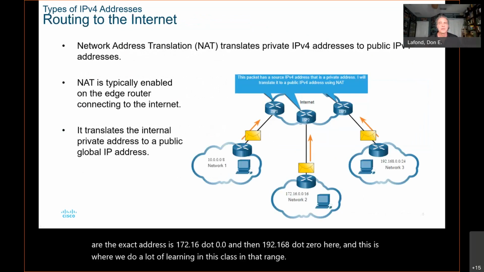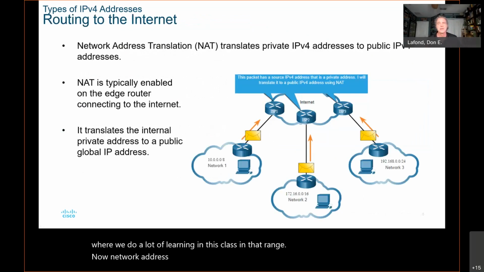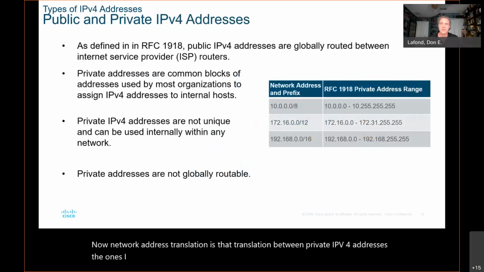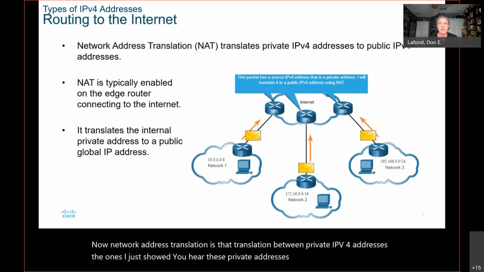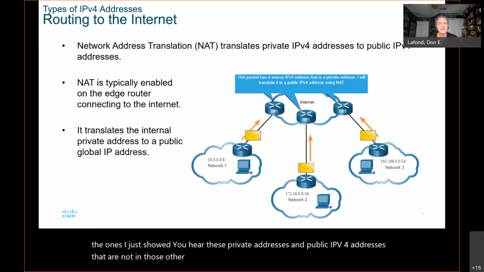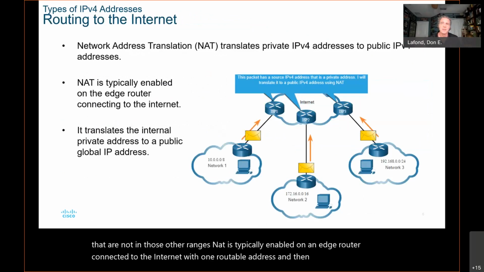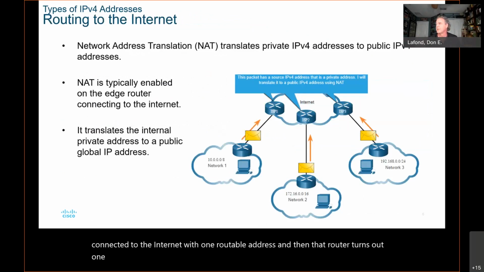Now, network address translation is that translation between private IPv4 addresses, the ones I just showed you here, and public IPv4 addresses that are not in those other ranges. NAT is typically enabled on an edge router connected to the internet with one routable address, and then that router turns that one routable address into multiple hundreds or thousands of addresses for private networks.